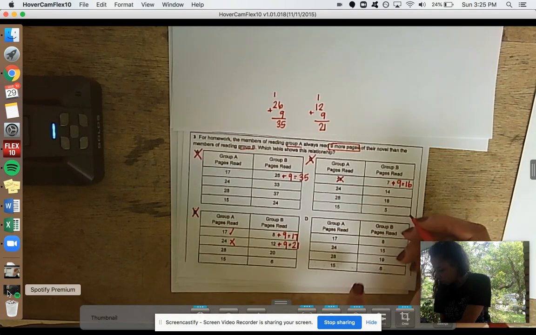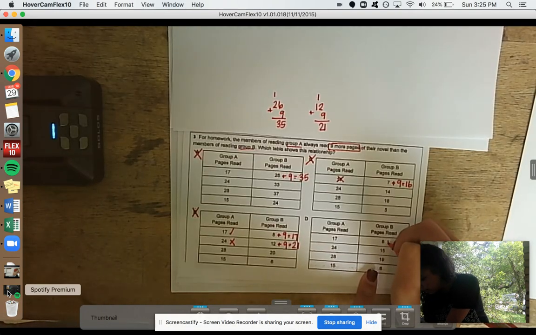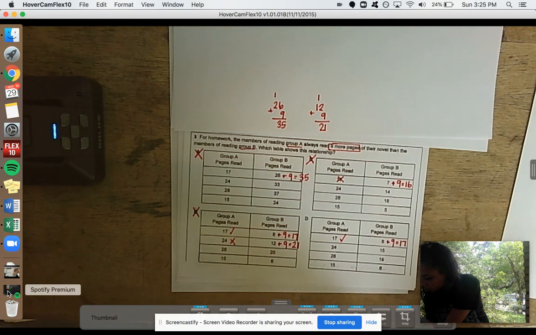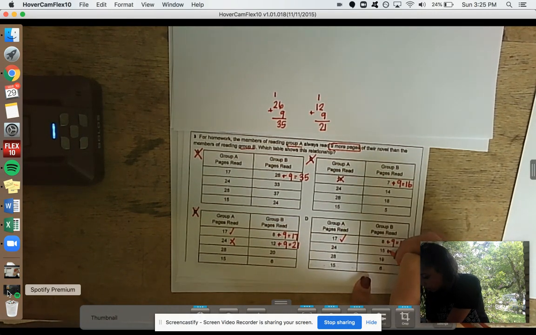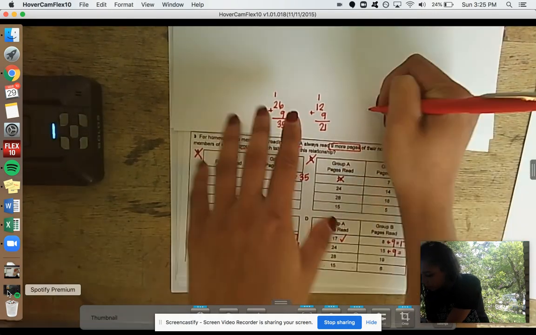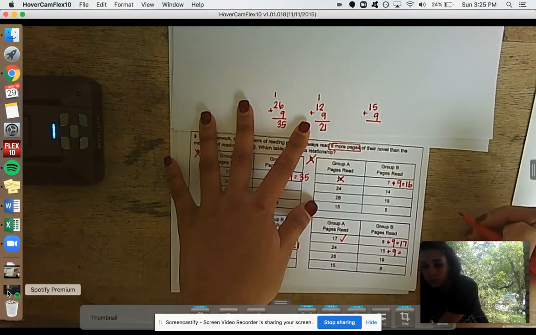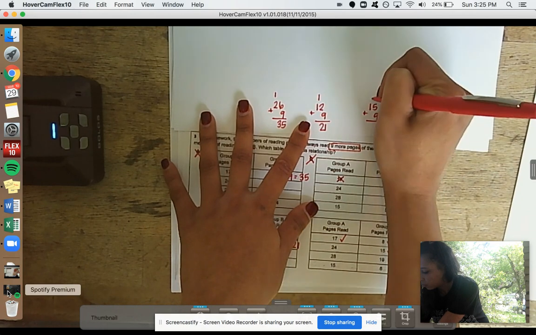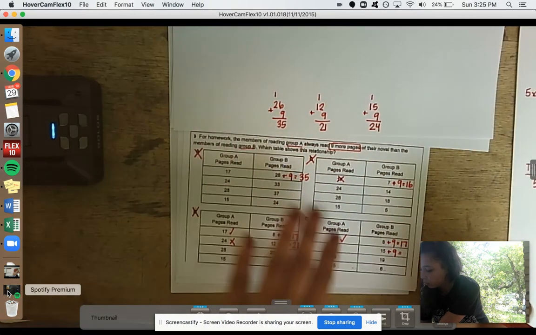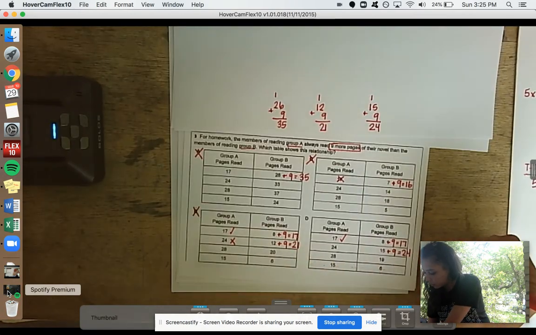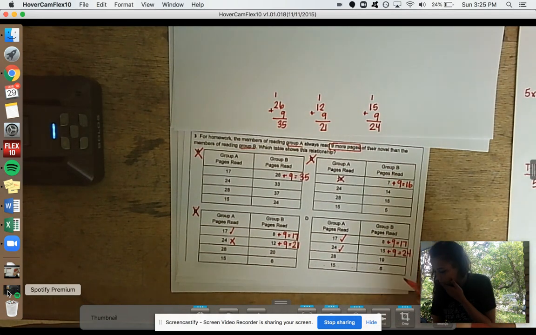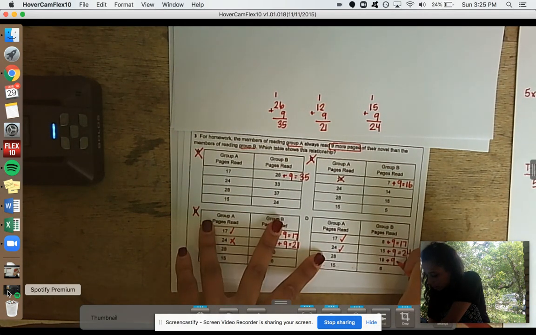And then let's check D. We have 8 plus 9 equals 17. So those two match. Now 15 plus 9. Let's check. 15 plus 9 equals 24. So those match. 19 plus 9.